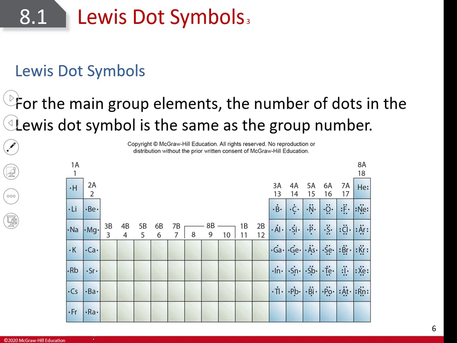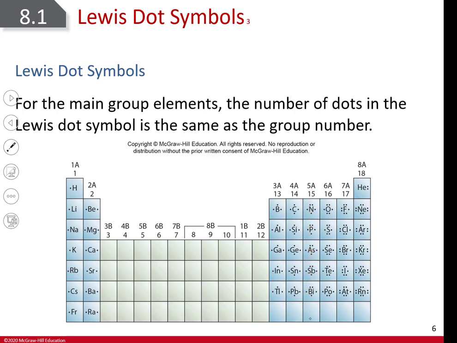Rules from Chapter 6 on orbital diagrams kind of apply here. One of those rules was that electrons hate each other, so they're not going to pair up unless they have to. So we follow that same rule, but now we have 4 different sides to our element. Everything in group 4 over here has 4 dots, so it's going to be 1 per side before we get to 5 dots and we start pairing up.